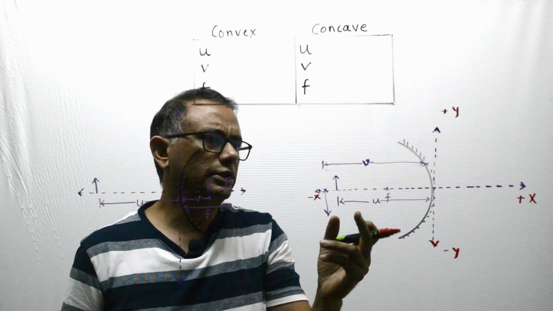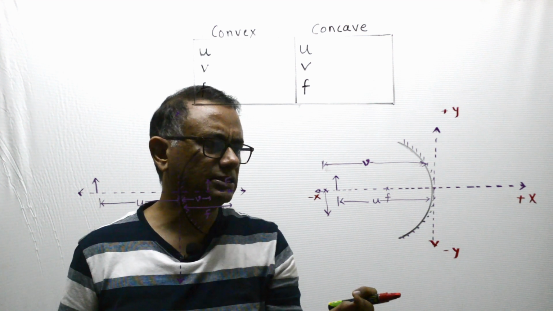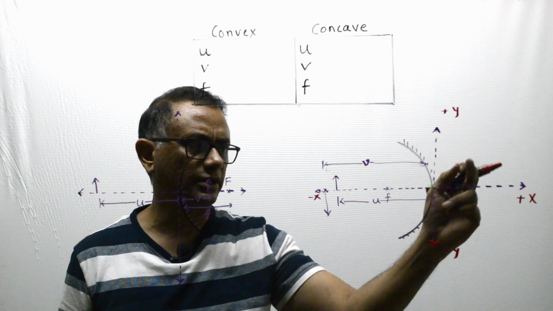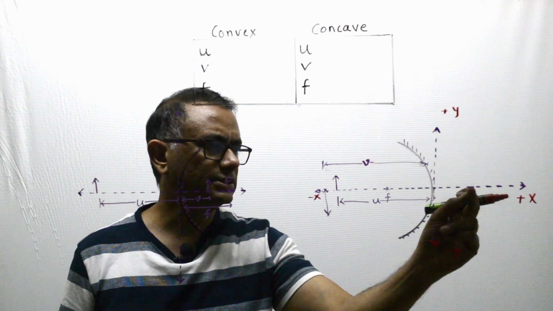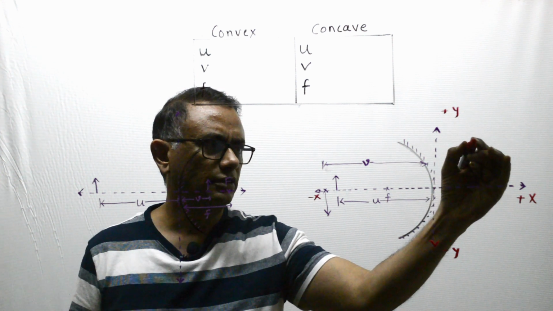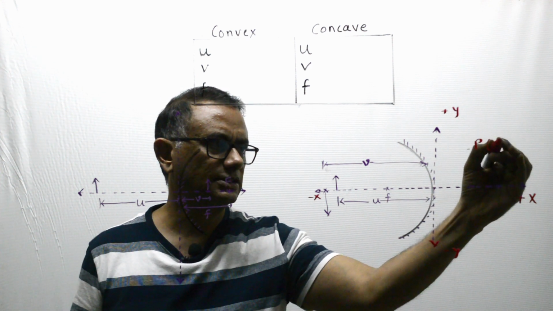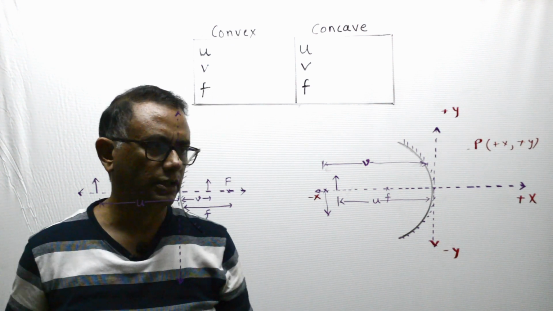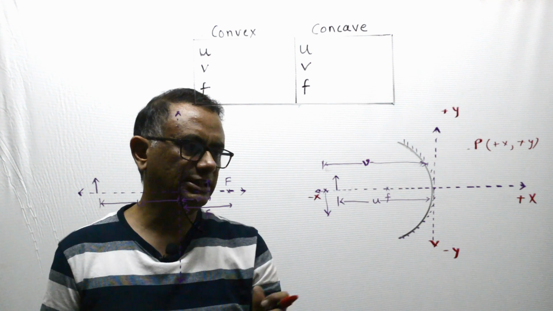And then what do we do if I want to measure something? If anything is in the first quadrant, we say all the x is going to be positive, all the y is going to be positive. So any point here will have positive x and positive y. It's called the first quadrant. But you look at our object and image distances.